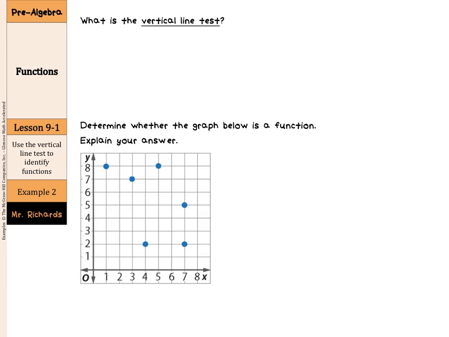Another way to help determine whether or not something is a function is to use what's called the vertical line test.